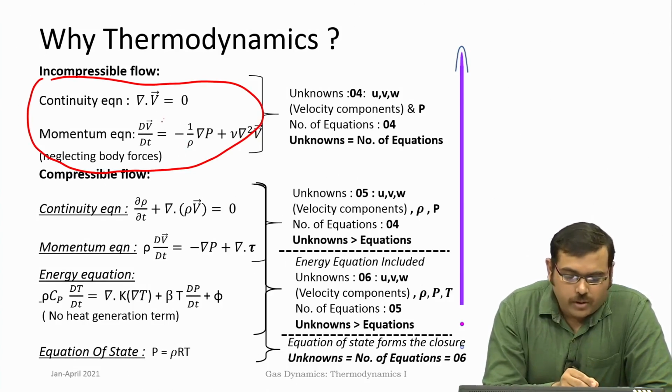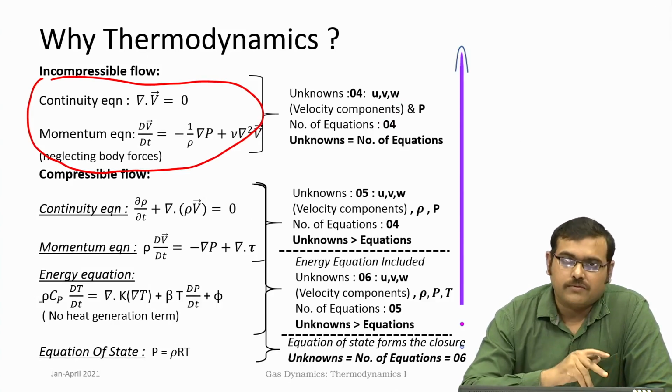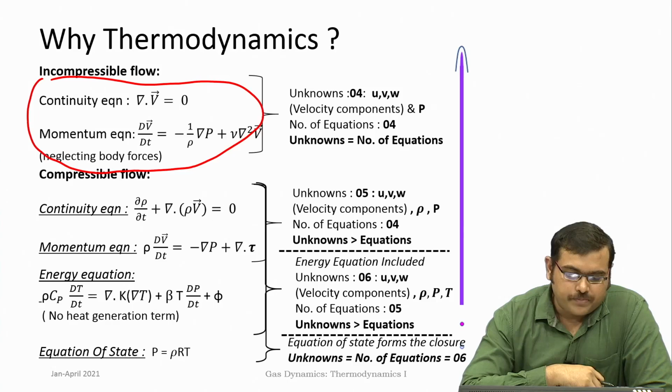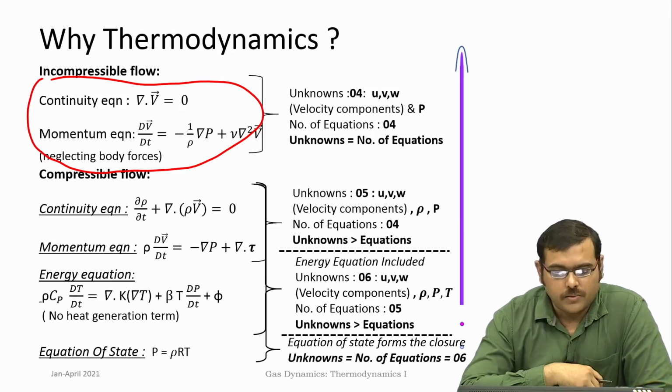So you have four equations. Looking at the number of unknowns and the number of equations, you have a consistent set: three unknowns of velocity and one unknown of pressure, and the number of equations is also four. If you know the boundary conditions and initial conditions, then you can solve this. It is possible to solve these equations as they are completely consistent, and the density is known in this case.